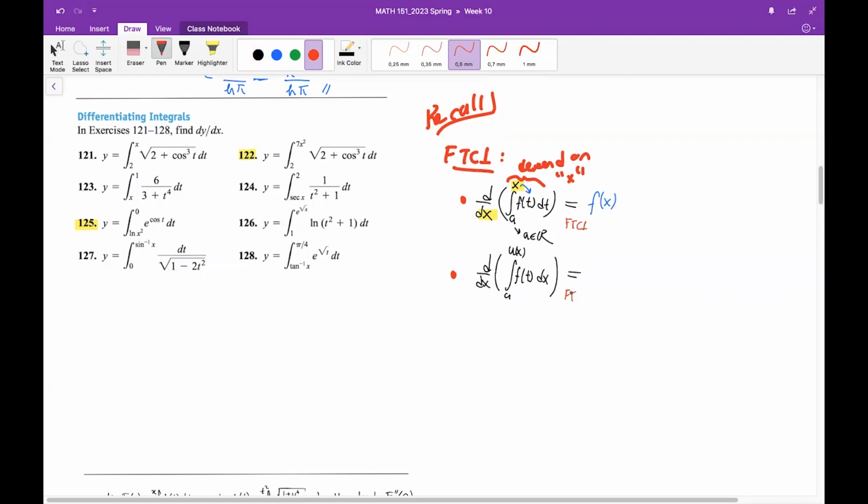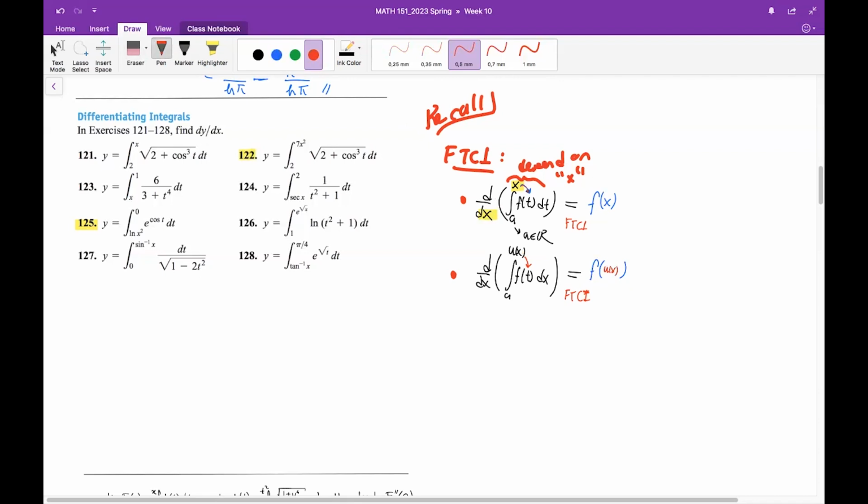It can still be applied. The rule goes similarly. Of course, we will just have f as the result. Just f will remain. But this time, since it is more general, you should be careful. You will insert u of x inside your function f.